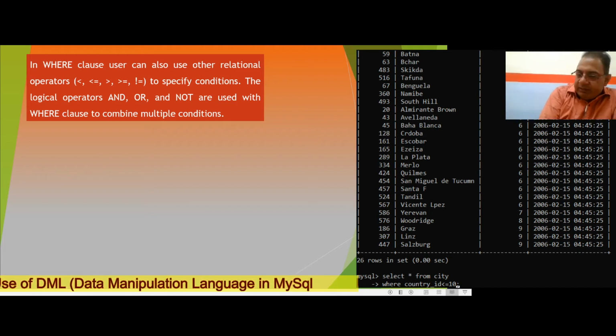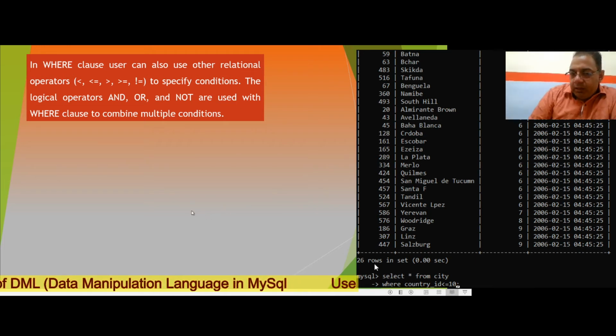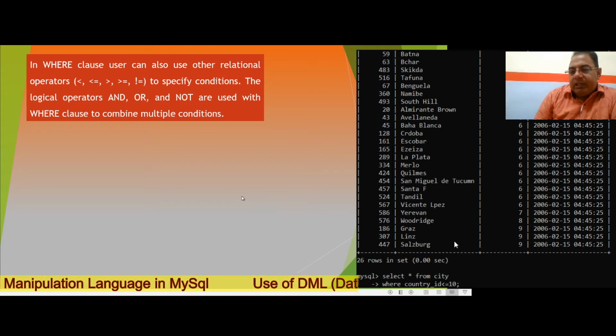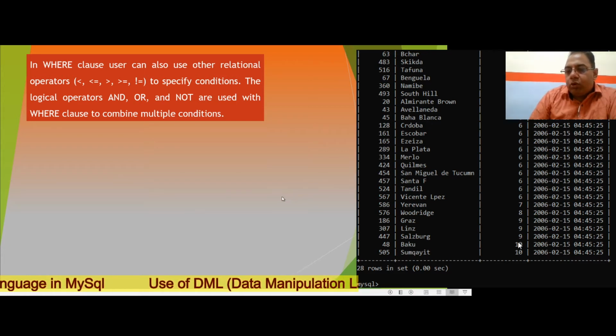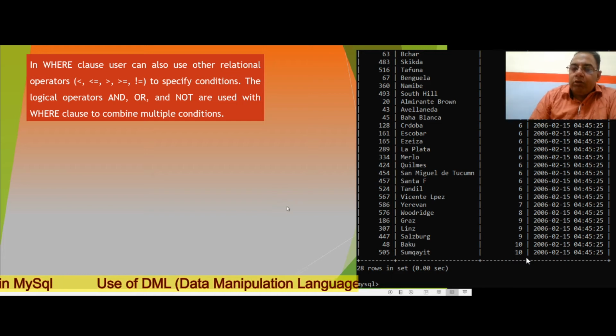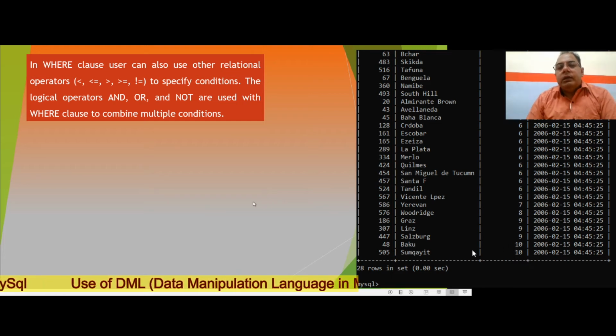Now I have 26 rows in a set, but if I want to include country id 10 in the list, for the same I will write less than equal to 10. Then records are 28 instead of 26. Means 2 records are added into the list because we have also included 10.